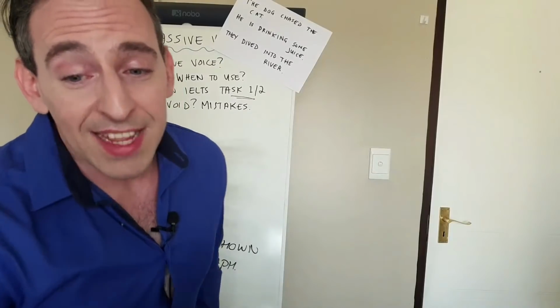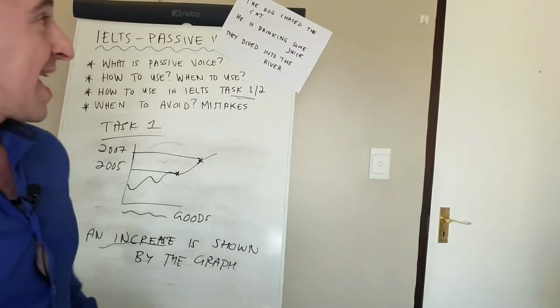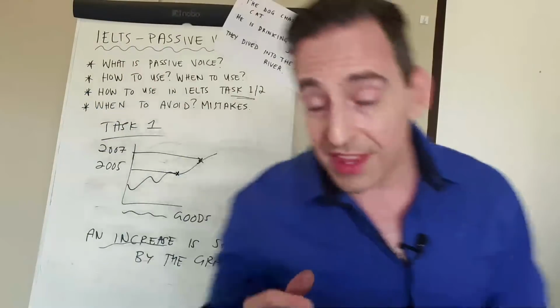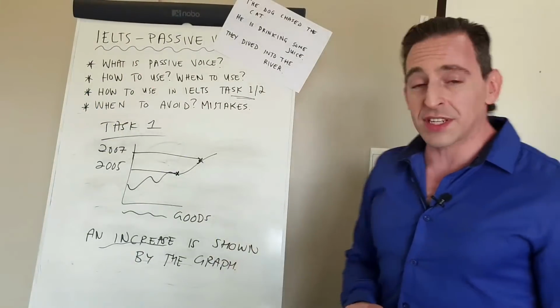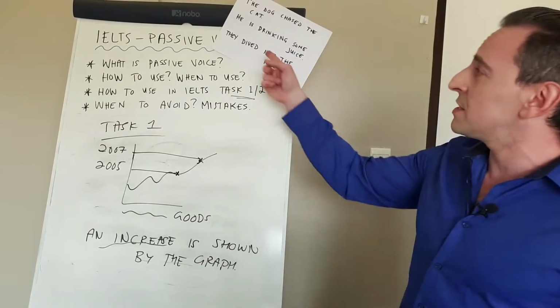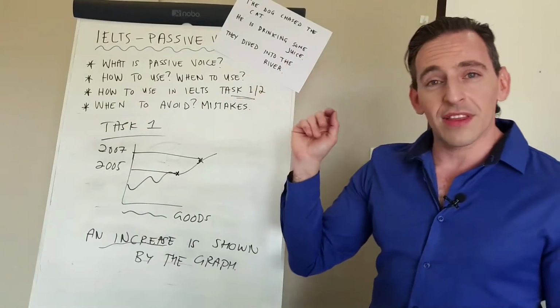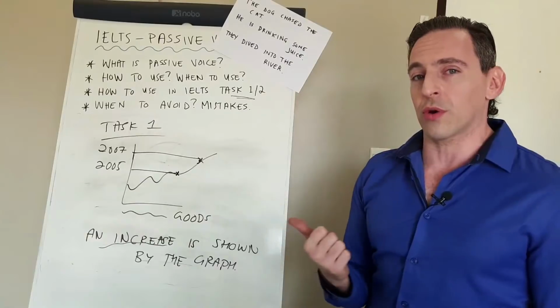Now, I see someone has answered the river was dived by them. And I'm going to tell you straight away that this one at the bottom, they dived into the river, is a trick question because this is an intransitive verb. And we know that an intransitive verb does not work with passive voice.